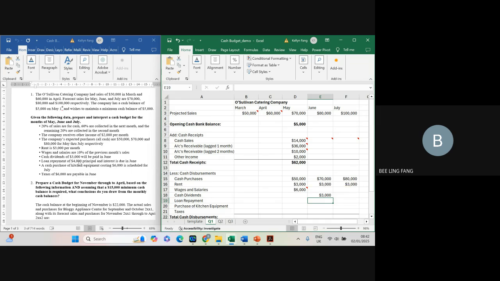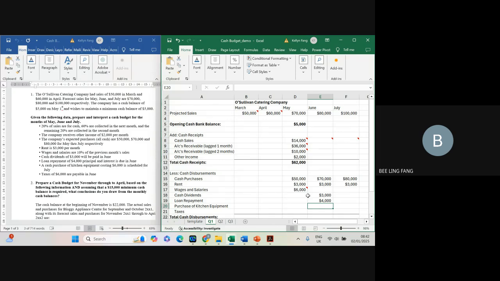Loan repayment, 4,000 principal and interest, is due in June. Okay, loan in June. That means in May you didn't pay, right? But you pay 4,000 in June. A cash purchase of kitchen equipment costing 6,000 is scheduled for July.